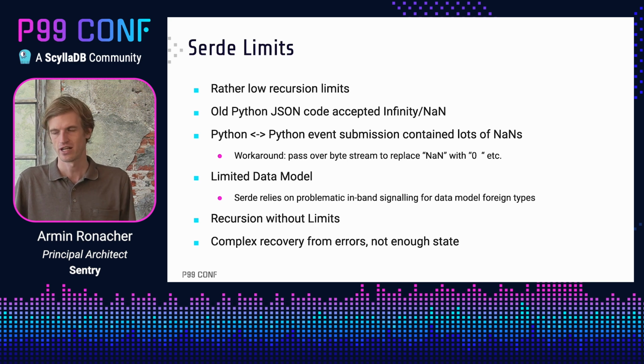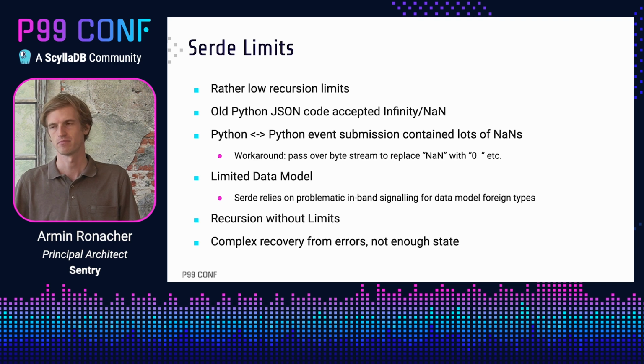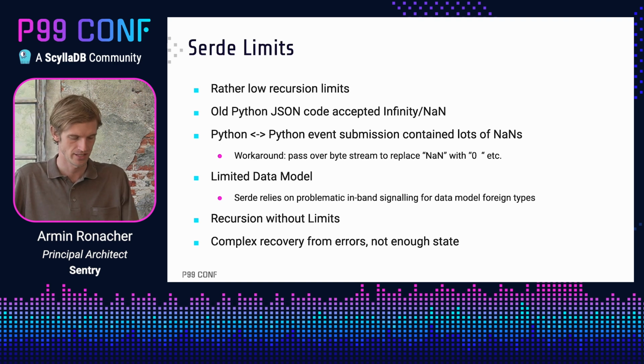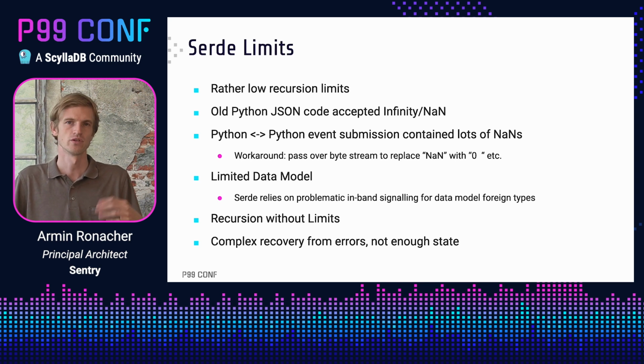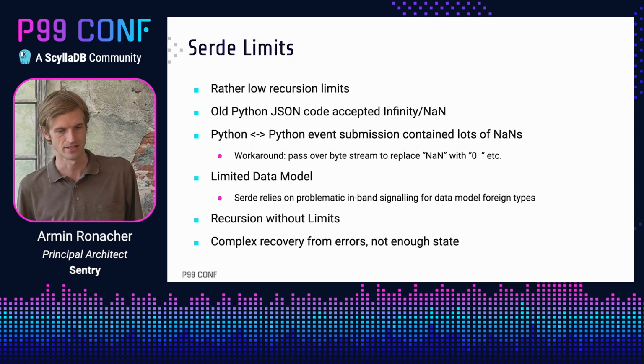We also had the challenge that because our initial clients were written in Python, our initial server was written in Python, we used JSON loads and JSON dumps on both sides. And they actually support a superset of JSON. So for instance, if you have not a number or infinity, they will actually be written into the JSON as an invalid NaN or Infinity, which is clearly not valid JSON, but it was out there. We had clients sending this.